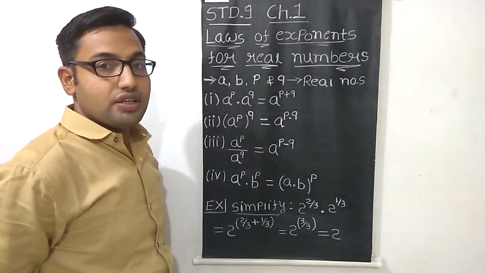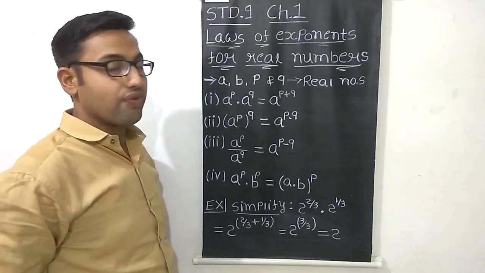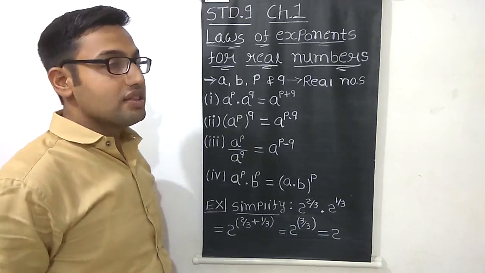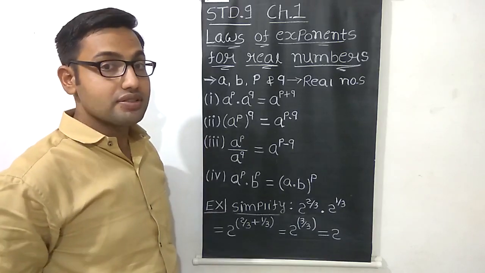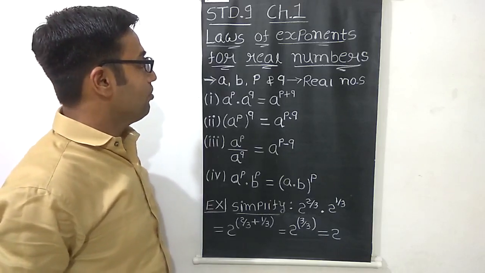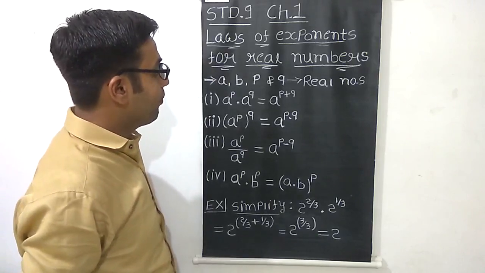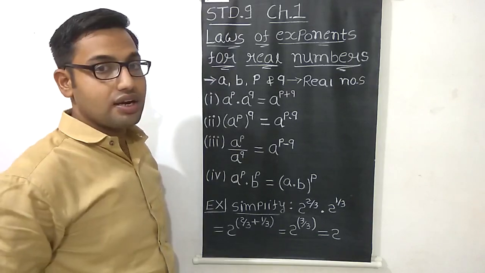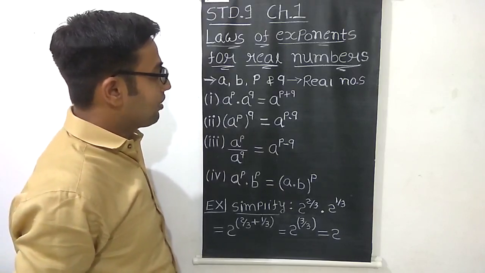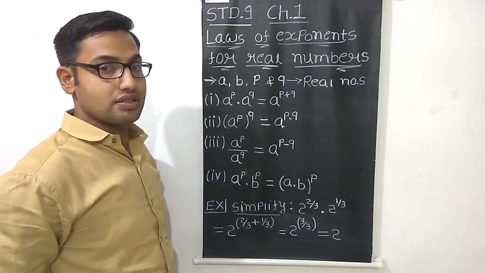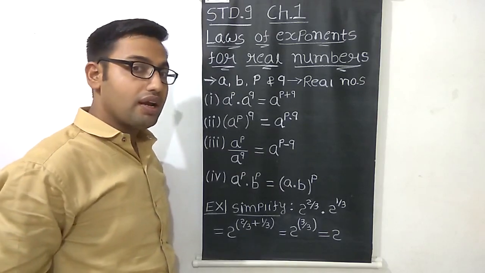Hello students, today we will study the laws of exponents for real numbers. This is the topic of standard 9 chapter number 1, number systems. You already studied the laws of exponents in standard 8, but at that time the powers were integers, meaning the power may be positive or negative.